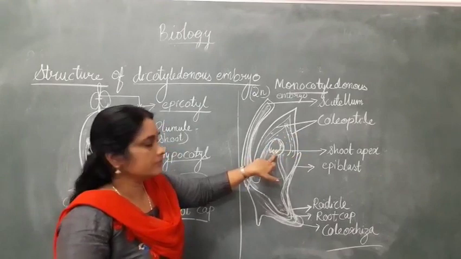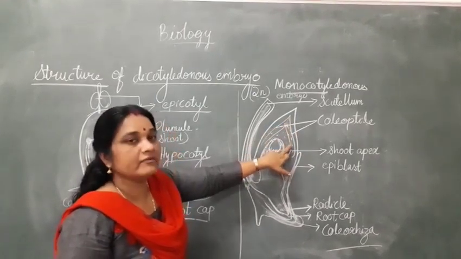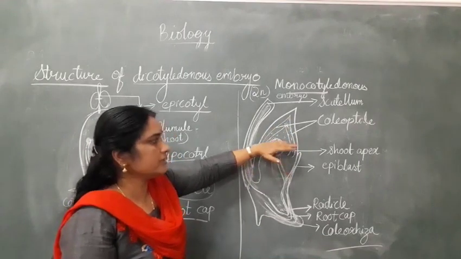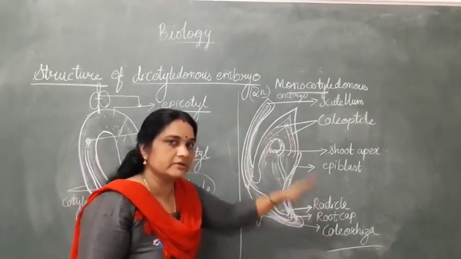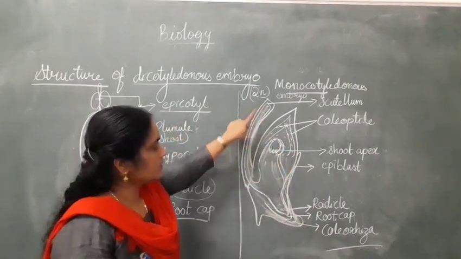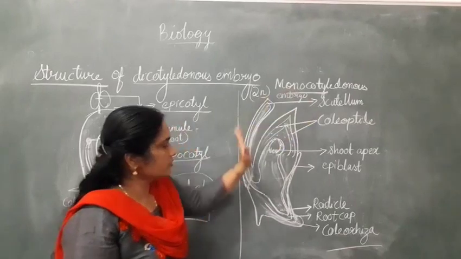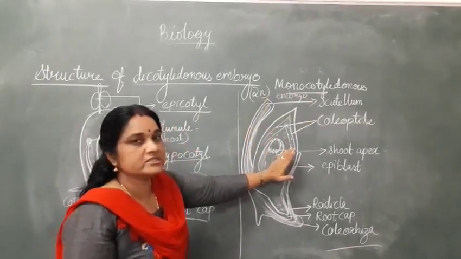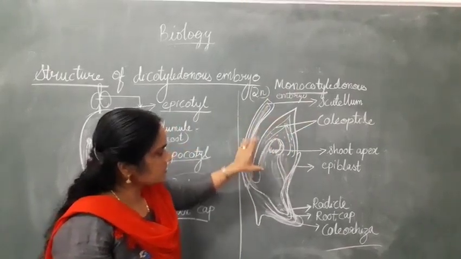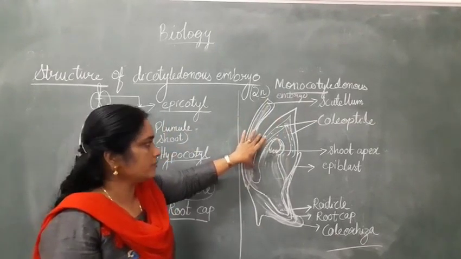Shoot apex gives rise to the shoot system, and this part, coleoptile, will come out of the soil during germination, whereas coleorhiza will remain under the soil during germination of the seed. And the cotyledon of a monocot plant is known as scutellum. It is found on the lateral side, not along with the structure of the other parts. So this is the structure of a mature monocotyledonous embryo.